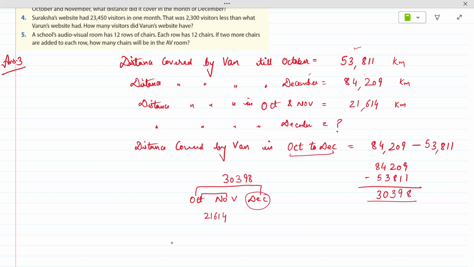So, how are we going to find it? I am writing here, distance covered in December is the distance in October, November, December, that is 30,398 kilometers, minus the distance covered in these 2 months. Okay, and again we can solve it.